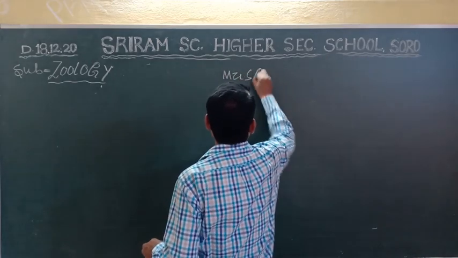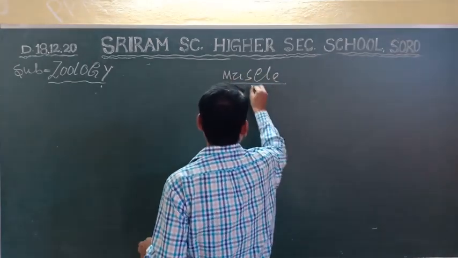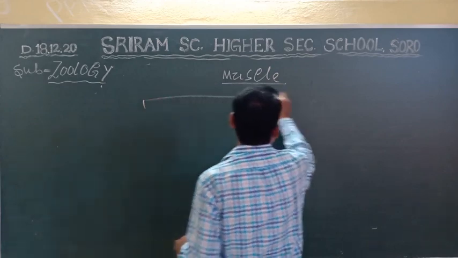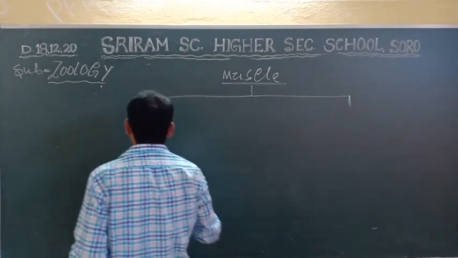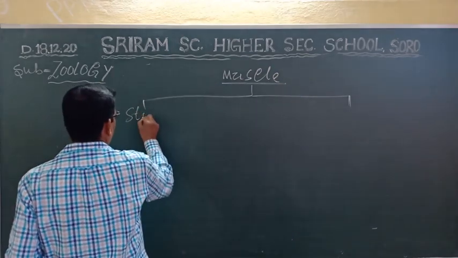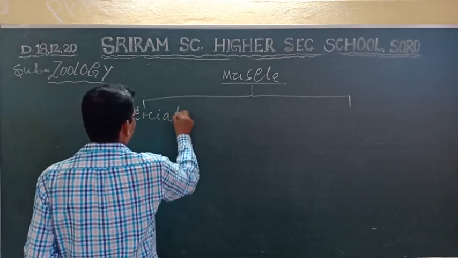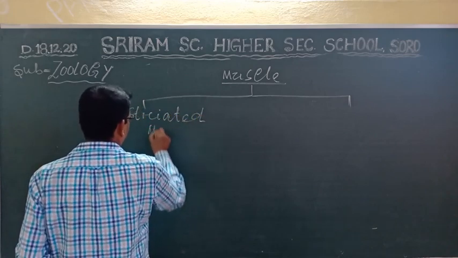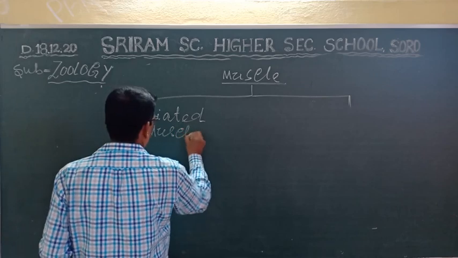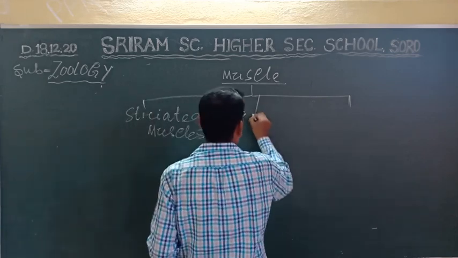Muscle tissue is of three types. One is striated muscle. Another is unstriated muscle.